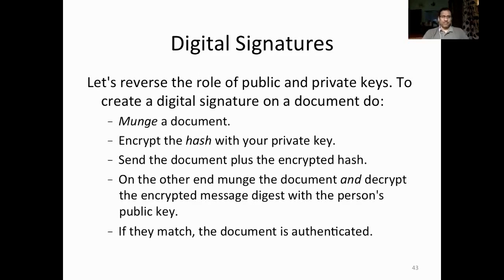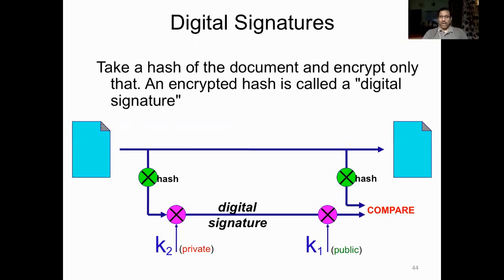Let us look into the process this way. So this is the document. This document is being transferred. What I have to assure is that the receiver gets the document, but how will the receiver know that the document is coming from the user whose signature I have already procured?